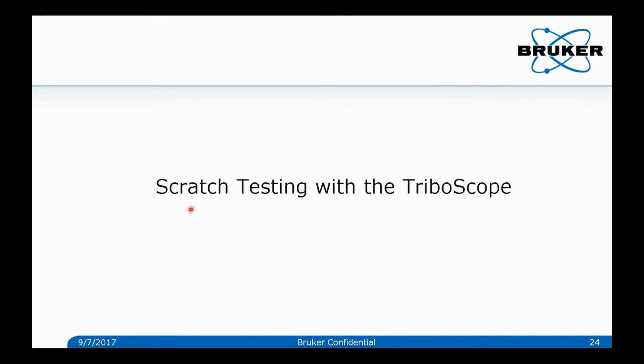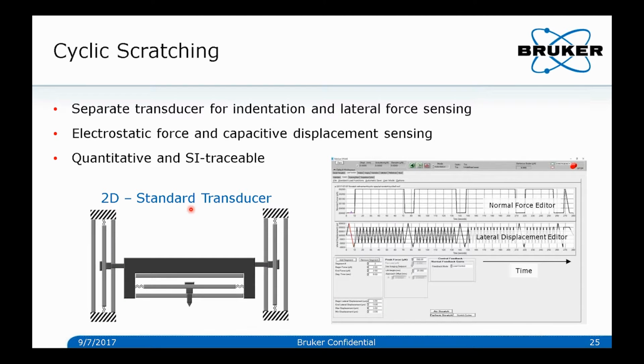Next, I'll talk about scratch testing with the TriboScope. So in order to do scratch testing, we use a two-dimensional version of our transducer, where you have the standard transducer in the middle. This is used for controlling the motion in the indentation axis.